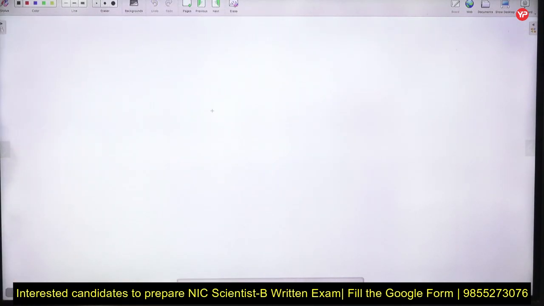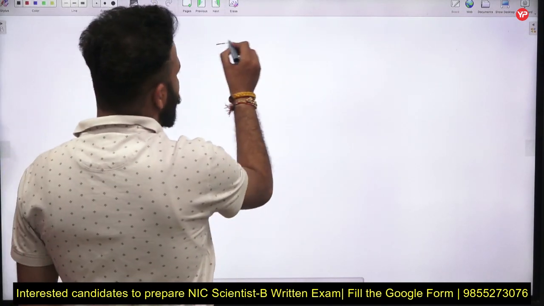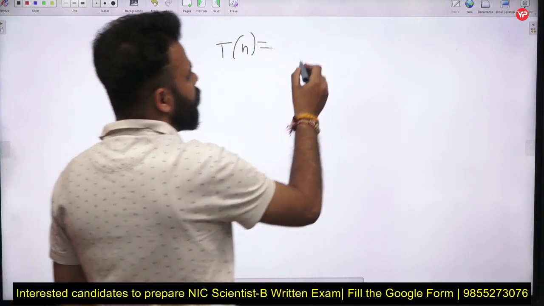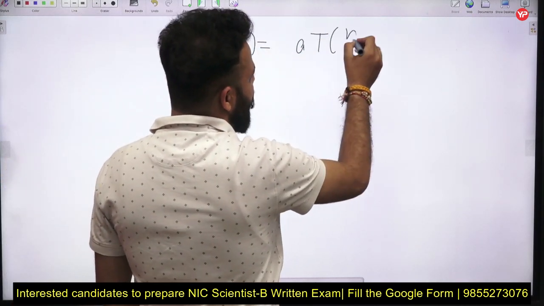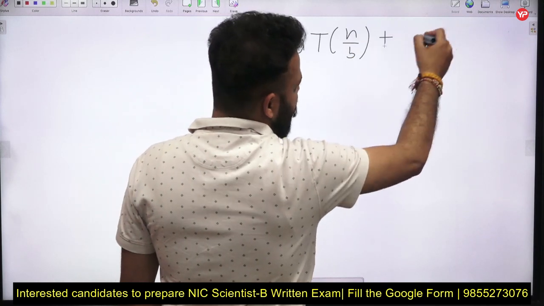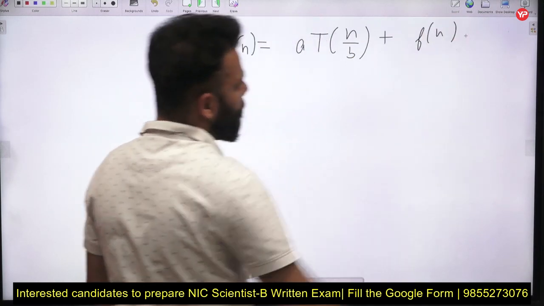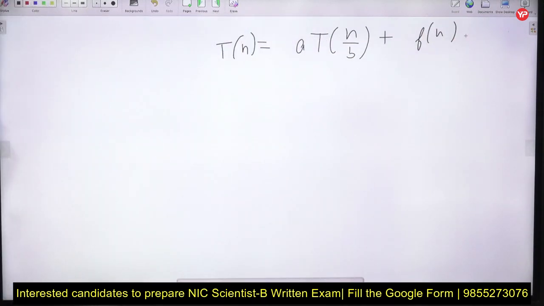Now how to apply this master theorem? There are three rules to it. Let's say that you have a recurrence relation T(n) = aT(n/b) + f(n). Now you will compare what? First case.